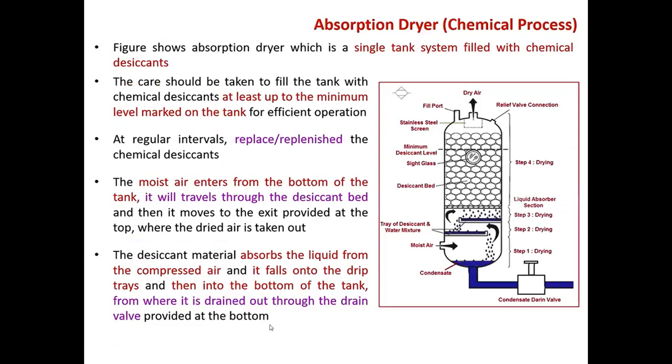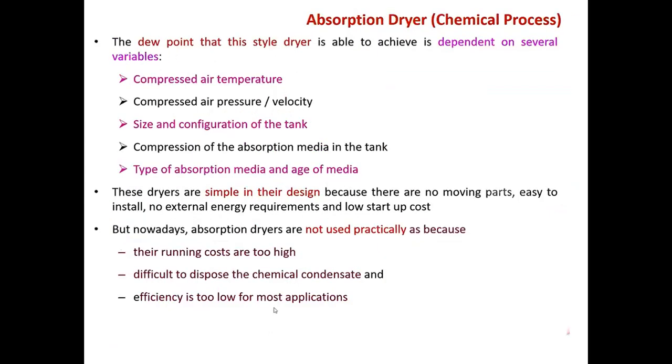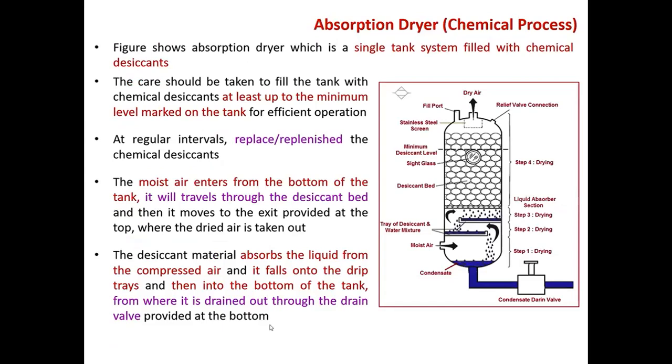Absorption dryer. The figure shows an absorption dryer, which is a single tank system filled with chemical desiccant. Care should be taken to fill the tank with chemical desiccant at least up to the minimum level marked on the tank for efficient operation. At regular intervals, replenish the chemical desiccant. The moist air enters from the bottom of the tank.